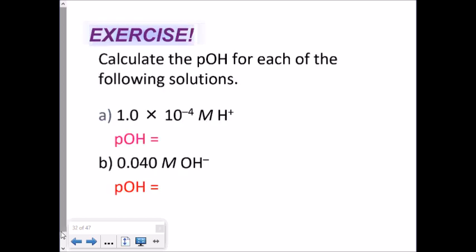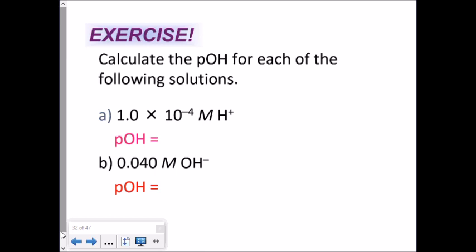A couple more. Calculate the pOH. Do pay attention to what it's asking for and what it's giving to you. If I'm doing A, I'm not being given the hydroxide, I'm being given the hydrogen, right? So, any ideas to work this one? Yes.